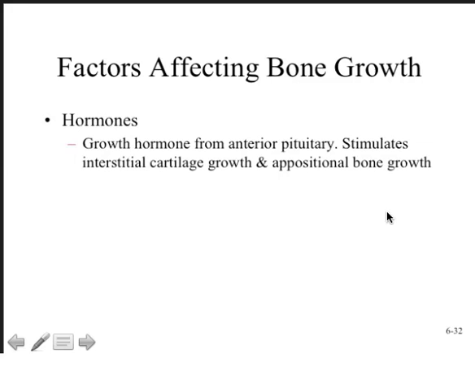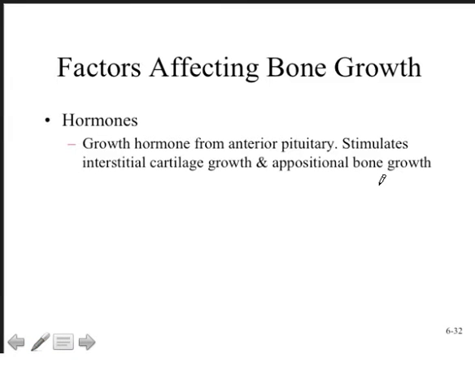Growth hormone, human growth hormone, is made by the pituitary gland, and it stimulates interstitial cartilage growth and appositional bone growth. A burst of human growth hormone to an abnormal level before the end of puberty results in a condition that you've probably heard of, which is known as gigantism.